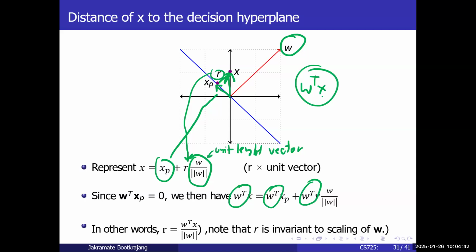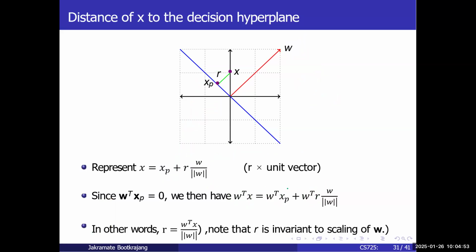You calculate this one, and then you multiply the weight into the other terms, these two terms. Something that you notice is that XP is on the decision boundary. So this term would be equal to 0, because XP is on the line. So the dot product between W and XP is 0.